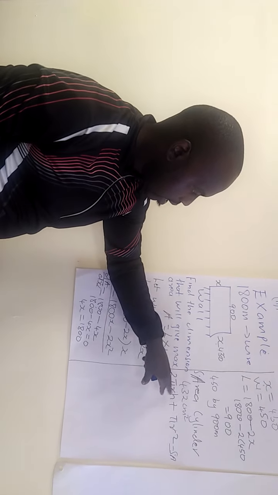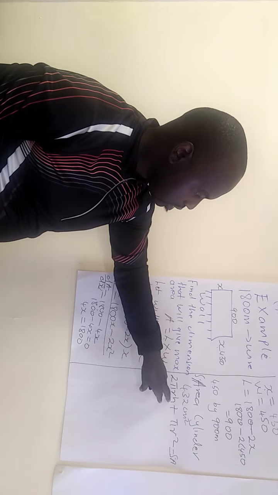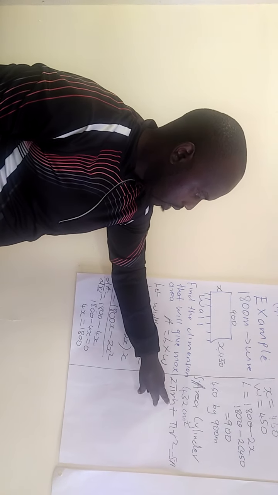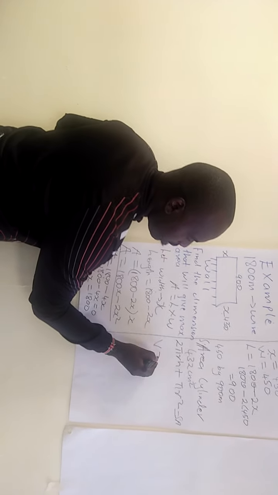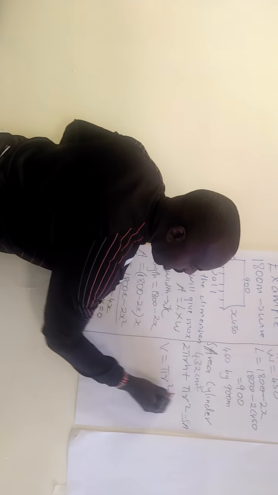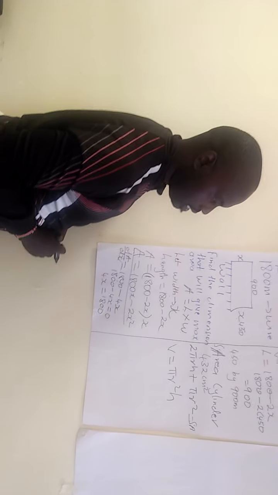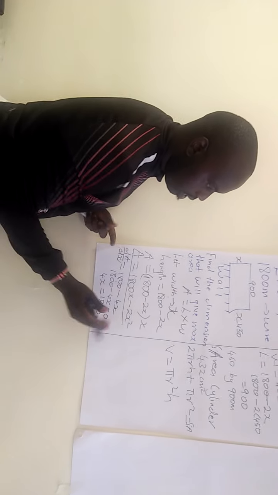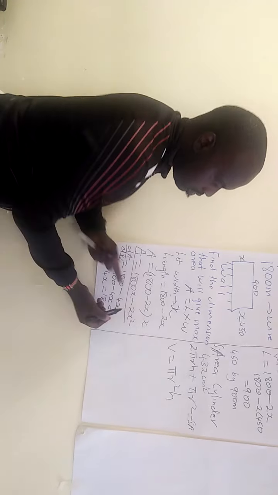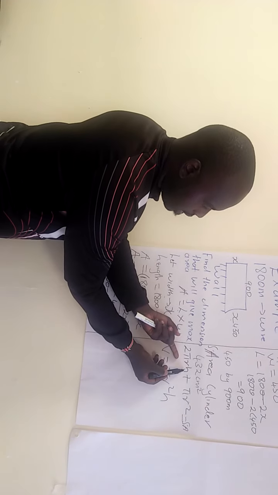But here we need an expression for h, because we know volume is given as pi r squared h.